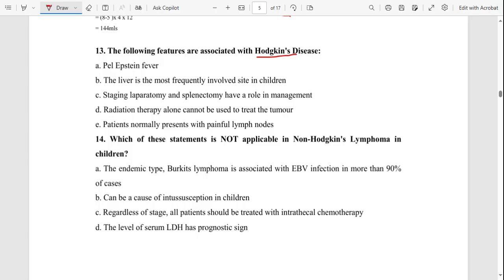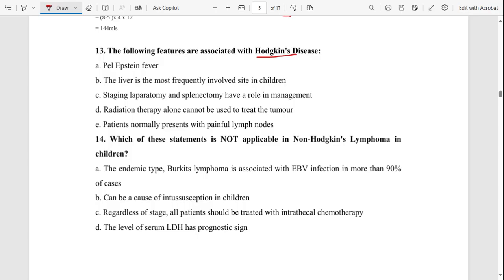And as you stage these ones, you also have the subclasses. For the treatment, you want to do chemotherapy, and sometimes you can add radiotherapy. So that is a basic overview about this cancer.